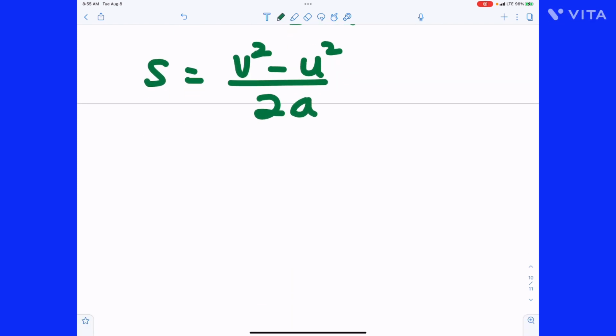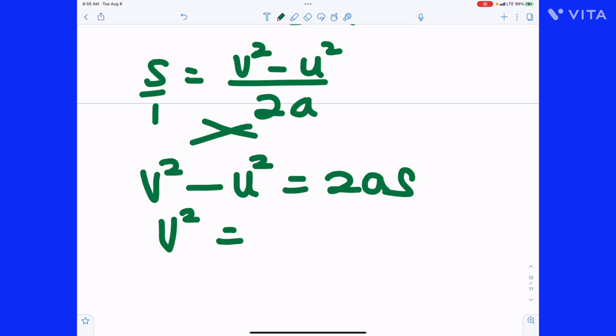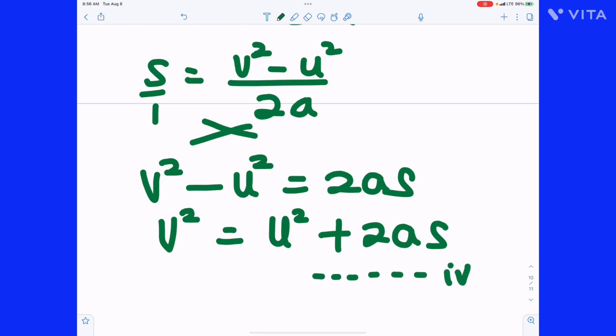Now, on cross multiplying, putting 1 under s and cross multiplying, I get v squared minus u squared is 2as. To simplify further, v squared is u squared plus 2as. If I take minus u squared to the right, it will become plus u squared. So this is my equation 4. This is my fourth equation of motion.